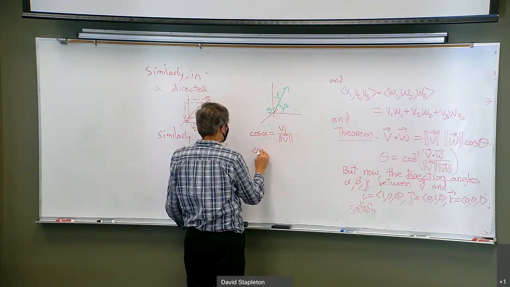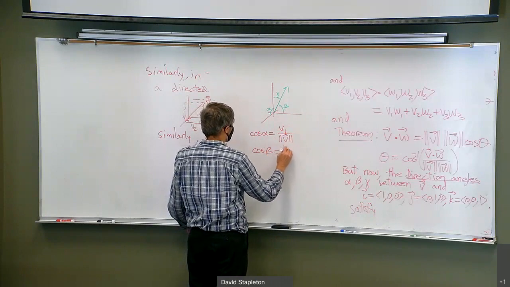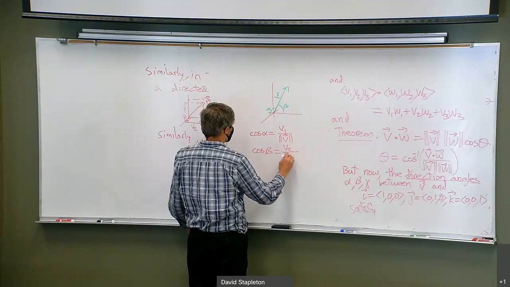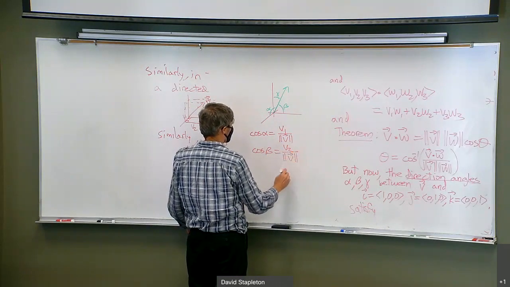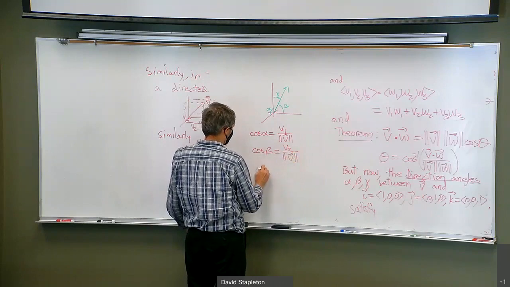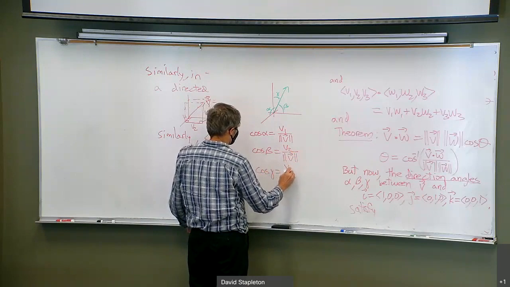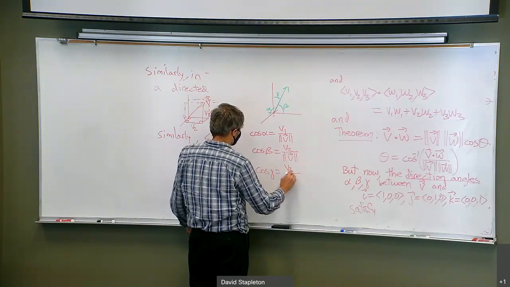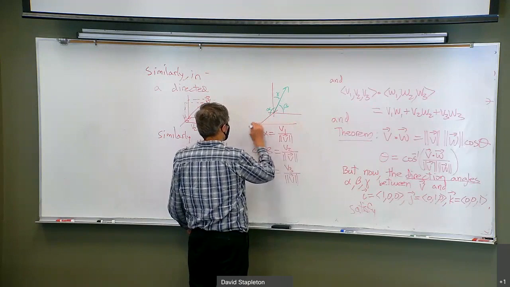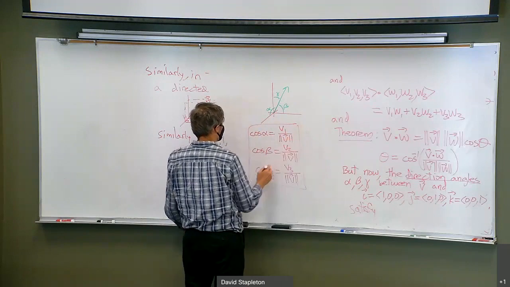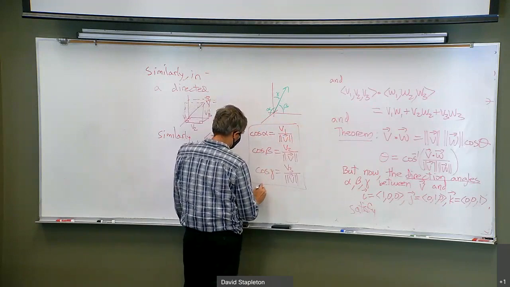The cosine of the second angle, beta, is just the second component over its length. And the cosine of the angle to the z-axis, gamma, is just v3 over the length. And then use the arc cosine to find these.